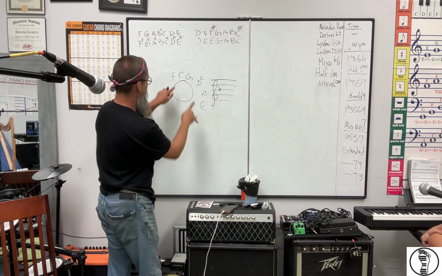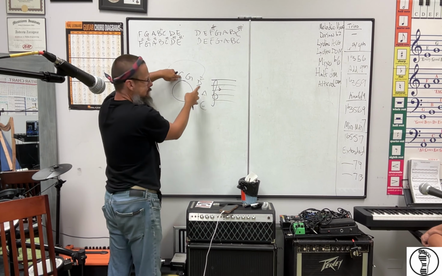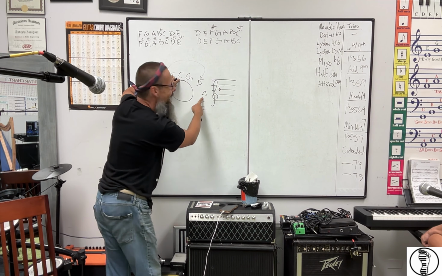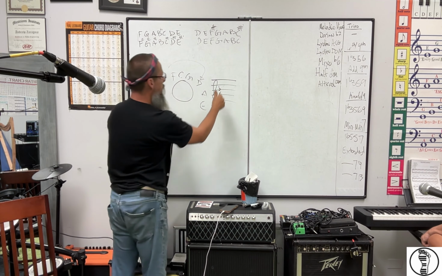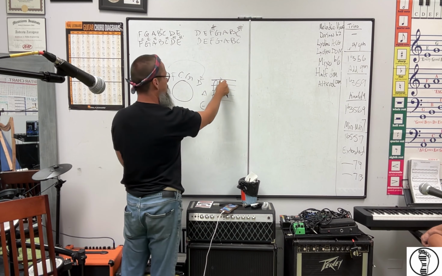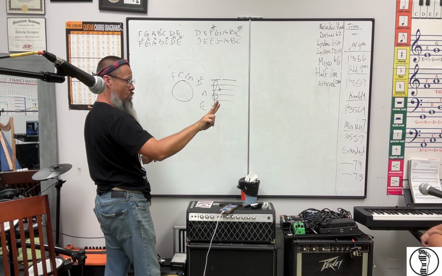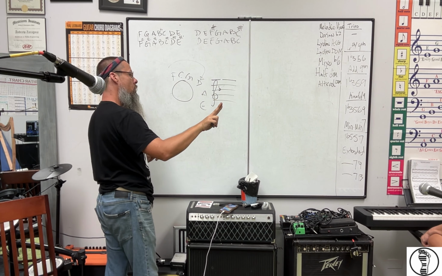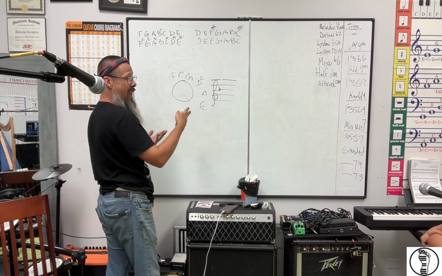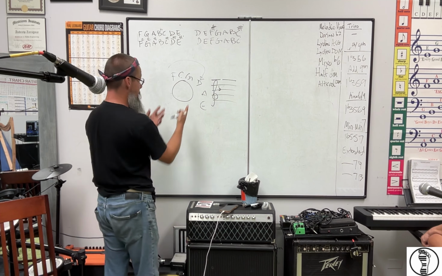Oh, okay. Right. So what's the relative minor of A? C. What's the relative minor of G? E minor, right. So when we have one sharp, we know that's either E minor or this. So when I see this key signature and you see this, we see this as being F major and D minor, for sure.